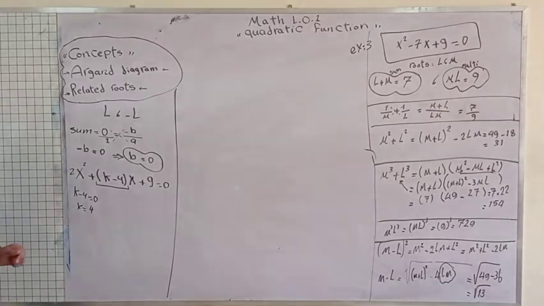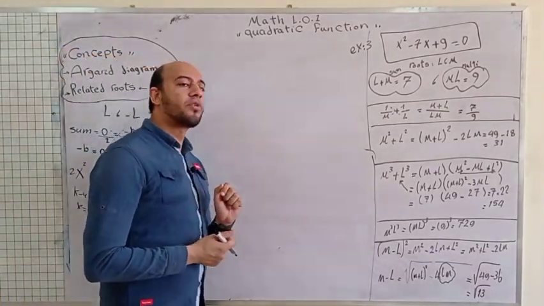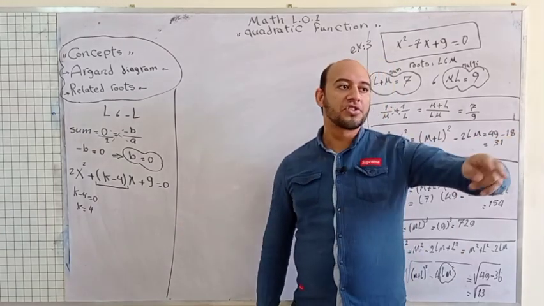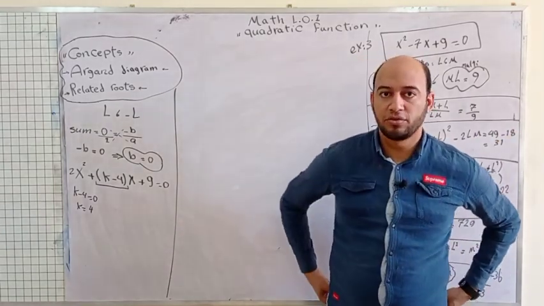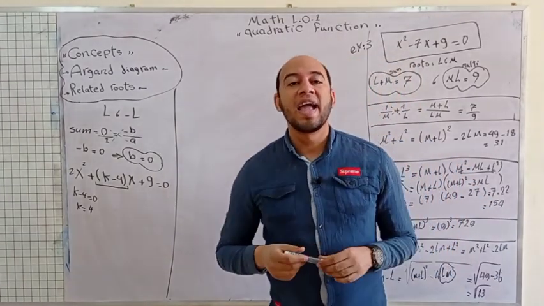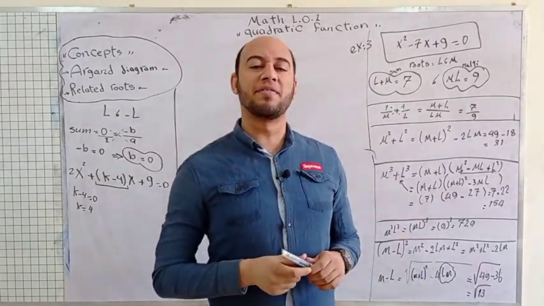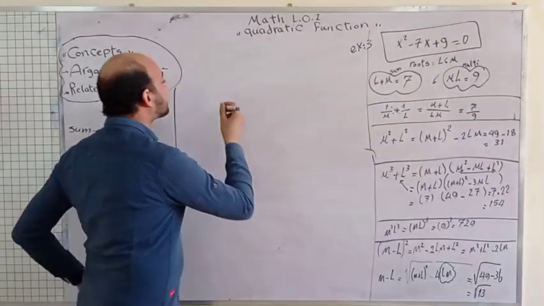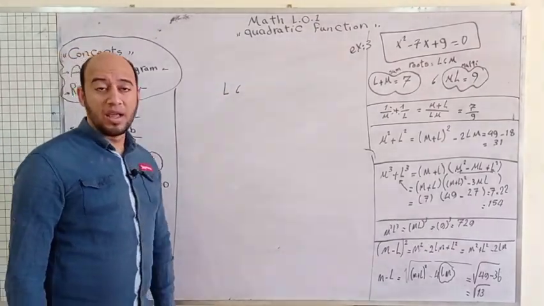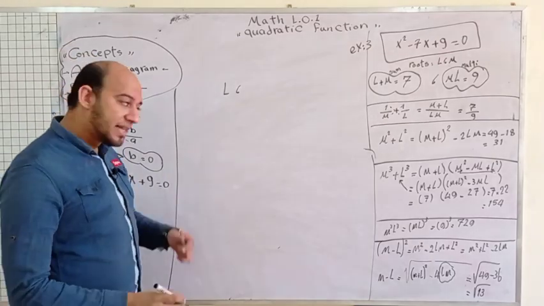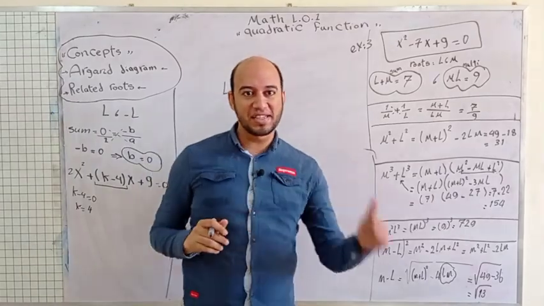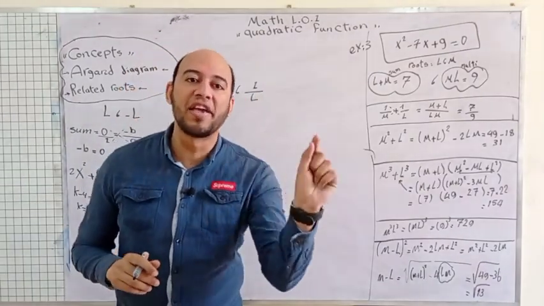Okay? Now, another example. If he told you that one of the roots is inverted multiplicative to the other, inverted multiplicative, not inverted addition. That means if we suppose the first root is L, then the second root will be 1 over L. That is the meaning of inverted multiplicative.